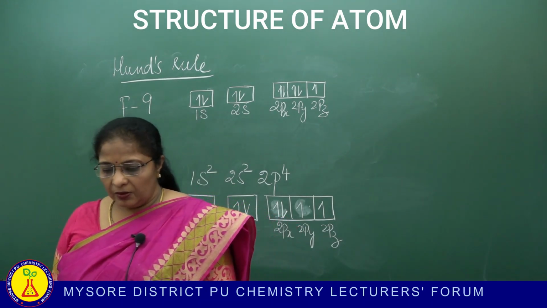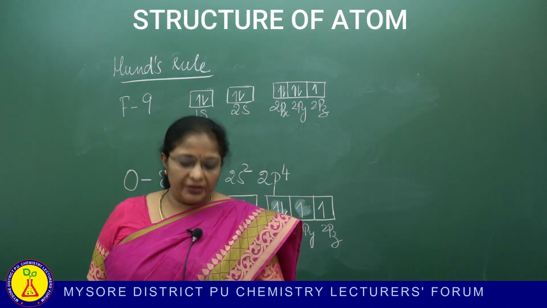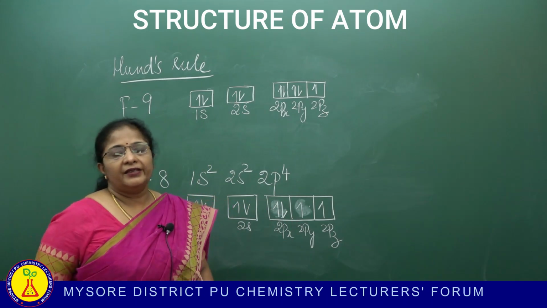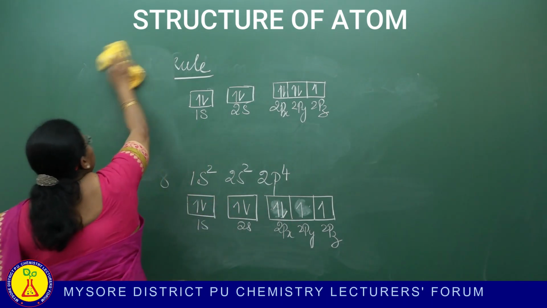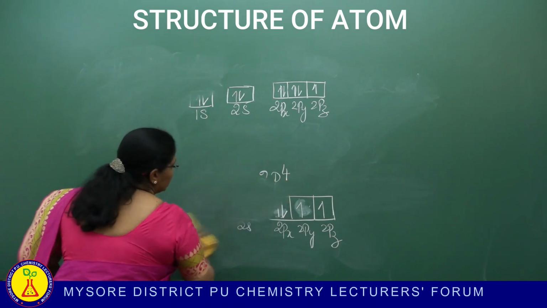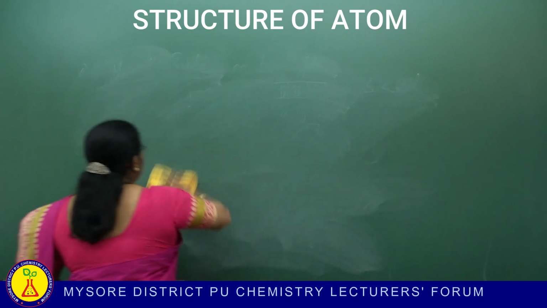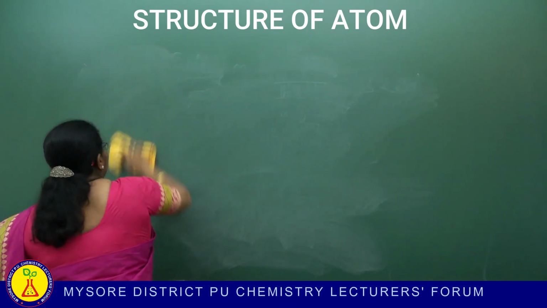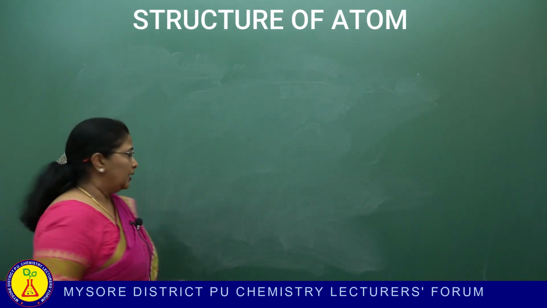With these rules, after getting familiar with them, let us write the electronic configuration of the first 10 elements in the periodic table. For writing the electronic configuration, you require the atomic numbers.